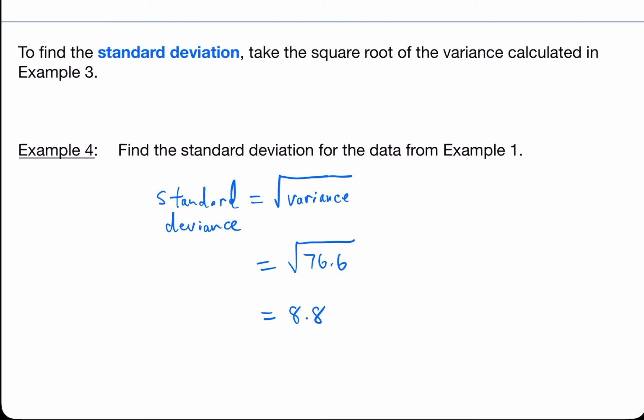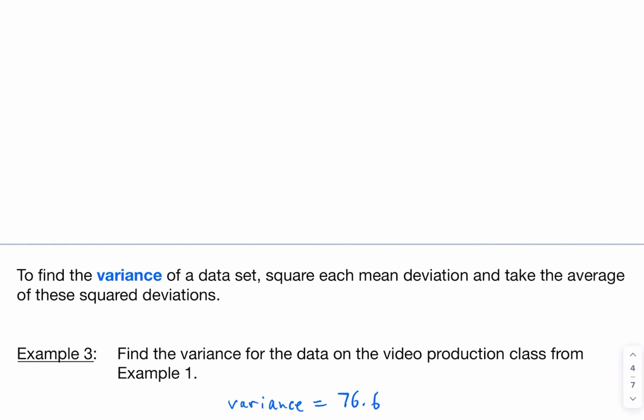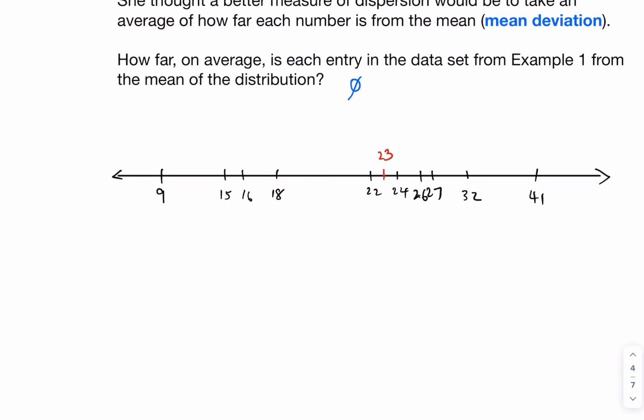So what does that mean? Let's go back to the number line that I created. The standard deviation tells us, on average, or it kind of tells us, the spread or dispersion of this data for the majority of the data, okay? So from the mean of 23, if we go to 8.8, let me draw it this way.